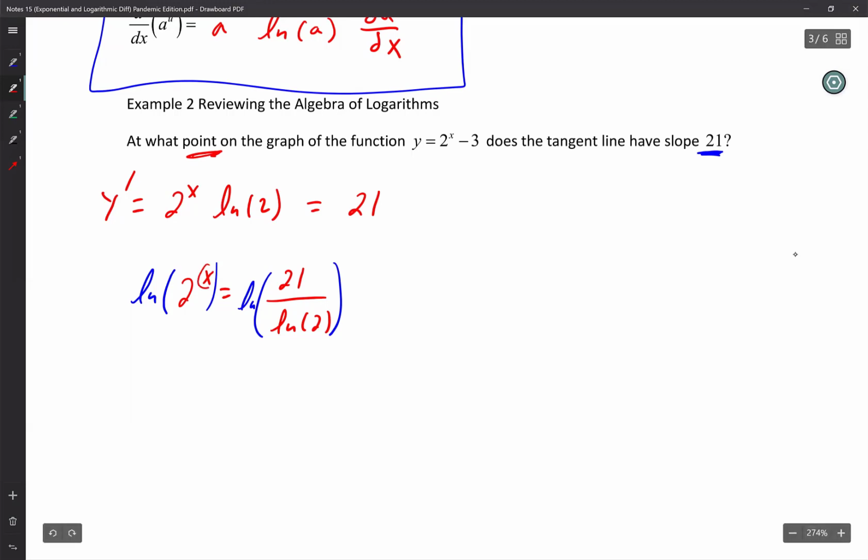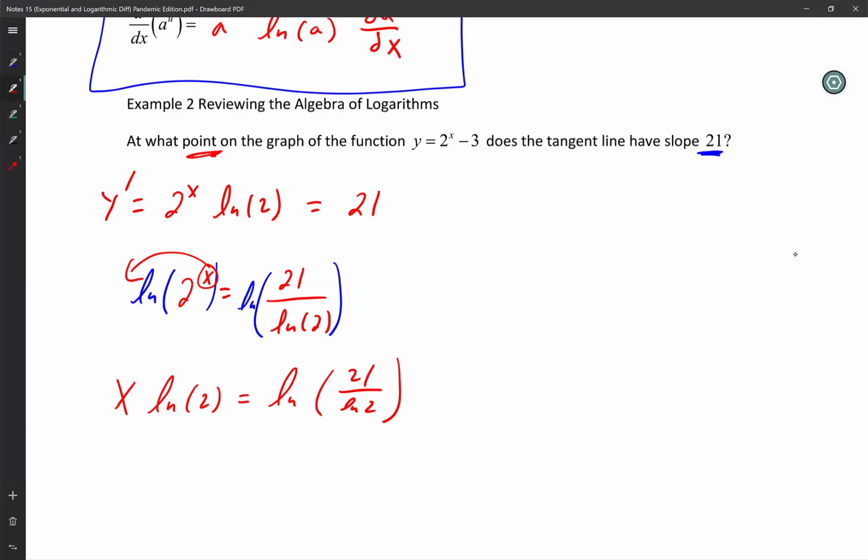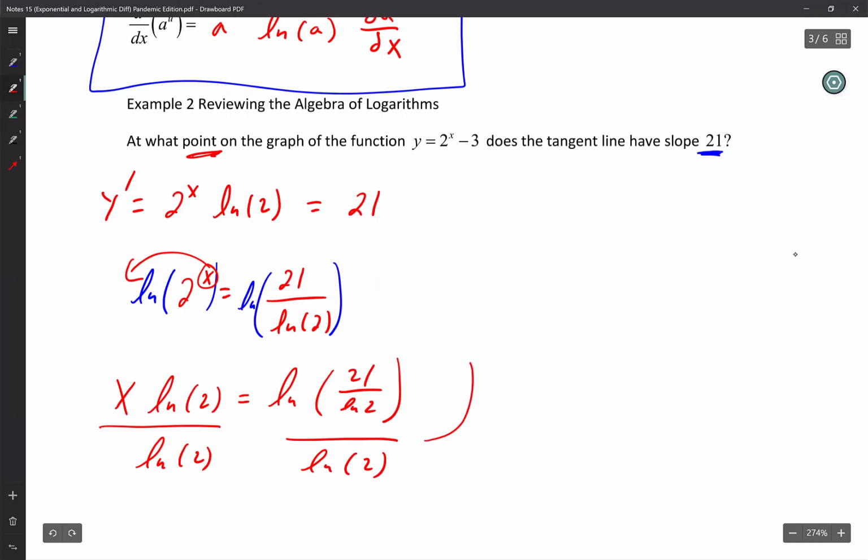So I'm going to move this x to the front. So x ln of 2. You don't have to put parentheses if it's just a number like that. On this one, I think you are forced to do parentheses. And then to get x by itself, I'm going to divide by ln of 2. Nothing cancels out. Don't even think about it. Nothing cancels out.